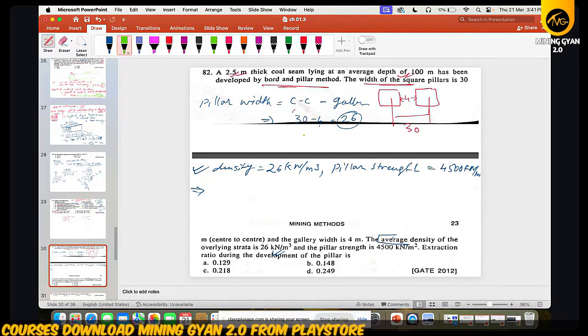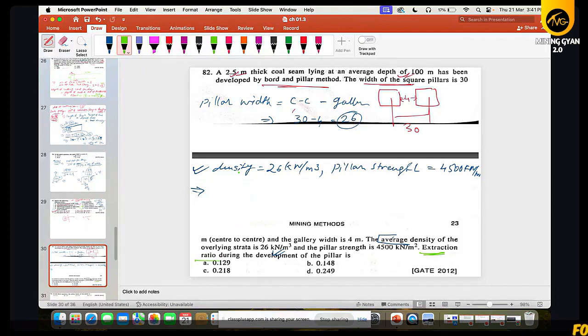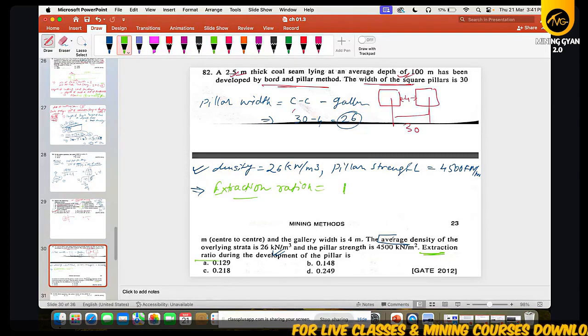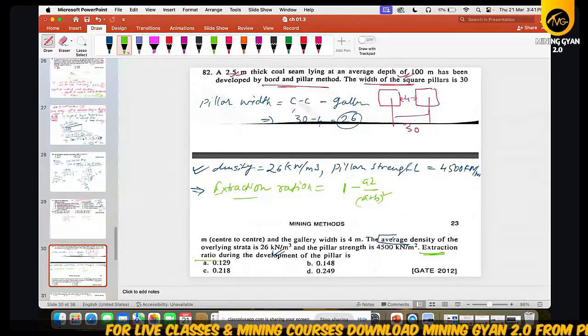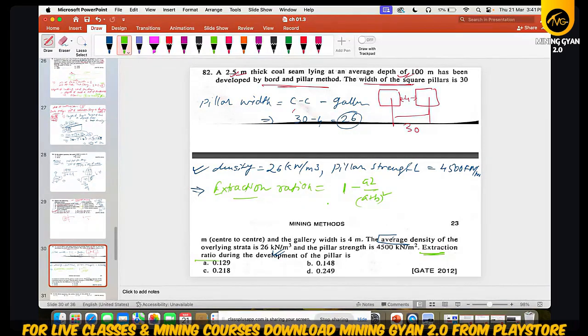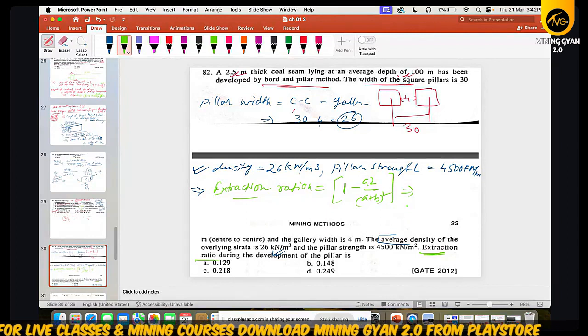In this question they have said I have to calculate the extraction ratio. I have already mentioned in the last classes what the formula is. If they ask for the extraction ratio, then the formula is this. If they ask for the percentage of extraction, then I will multiply by 100.